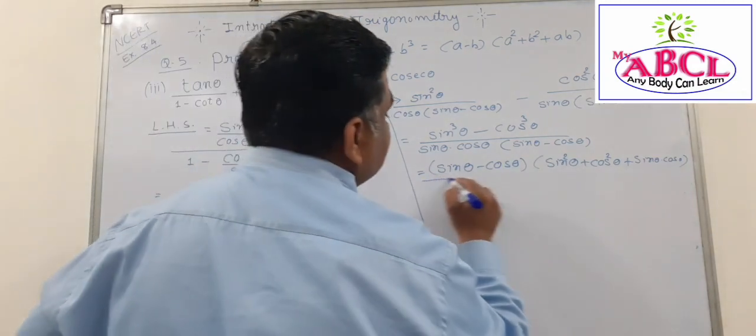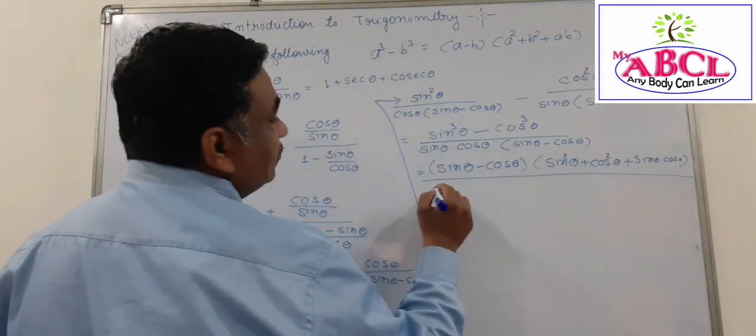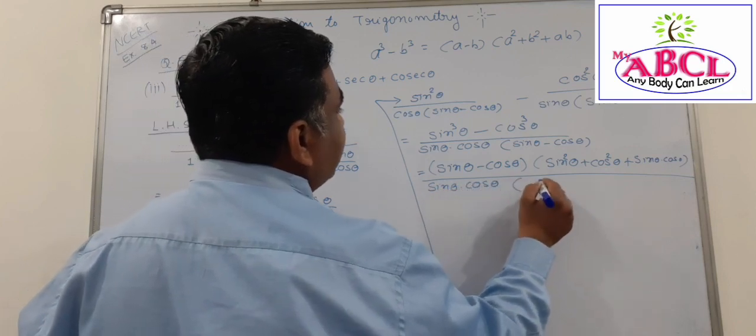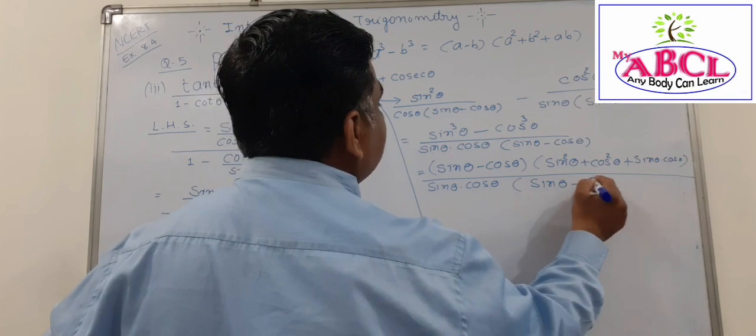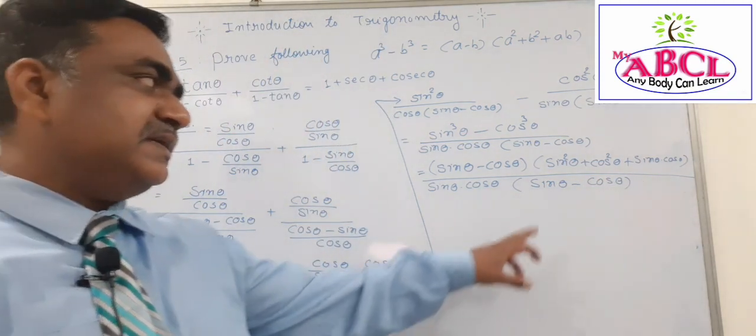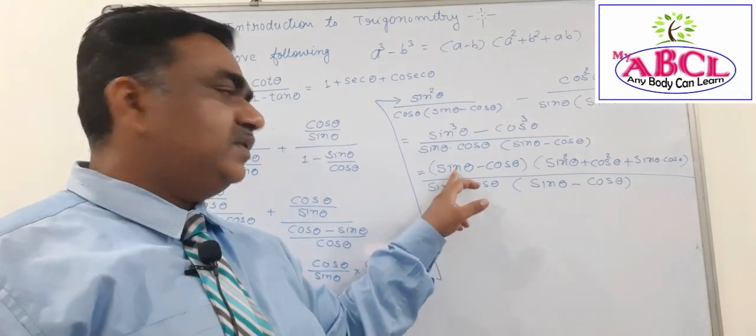In the denominator, same, no change, sin theta into cos theta, and in bracket sin theta minus cos theta. Now you can see that you can nullify this sin theta minus cos theta with this one.